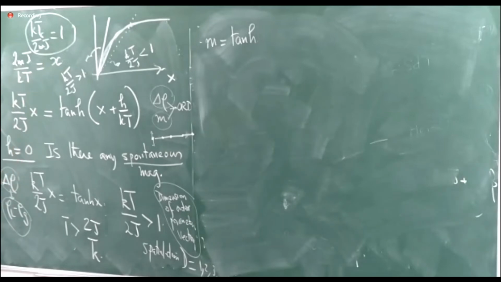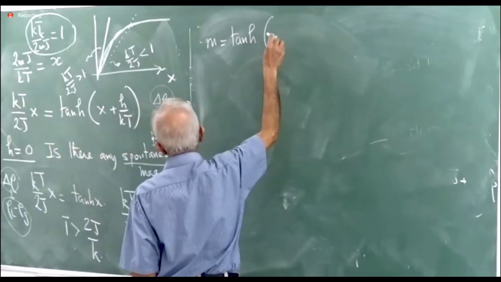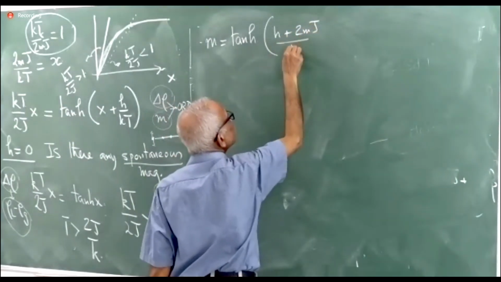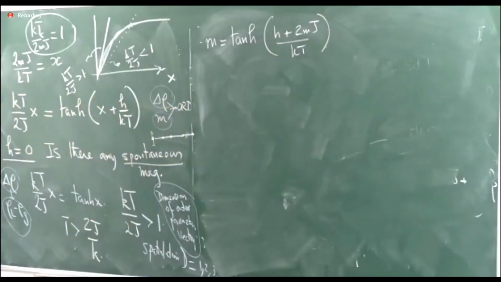But once that is done, I would like to go back to this equation in its original form, that m is equal to tanh of (h plus 2mJ) divided by kT.